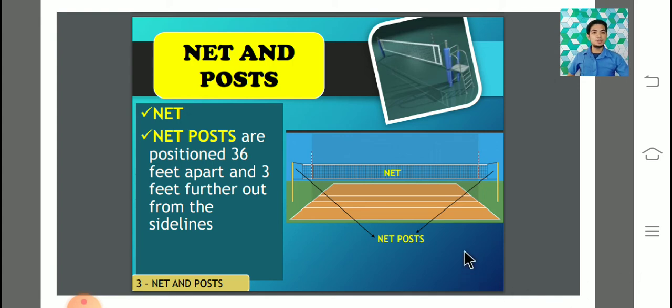So itong size ng court, sabi ko nga kanina, yung lapad, ay 30. Yan. So sabi sa net post, dapat located siya sa sideline. Anong size? 36. So ito ay 30. Kung ito ay 30, ito meron siyang 3 meters na allowance dyan, left and right. Okay? I hope that it is clear.